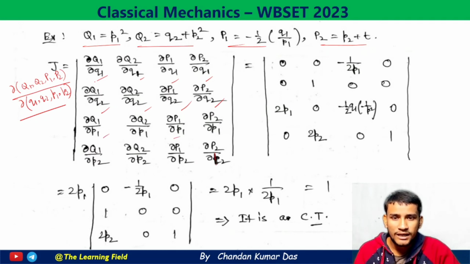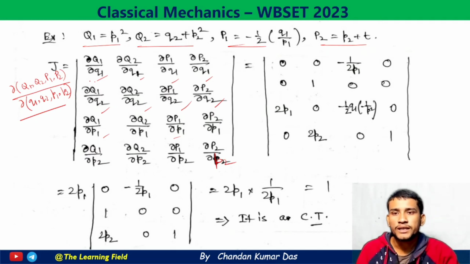Okay, so now we put in the values: del capital Q1 by del q1 is equal to 0, 0, minus 1 by 2 P1, 0, 0, 1, 0, 0. We just calculate these terms from the given transformation. So this is equal to this one.